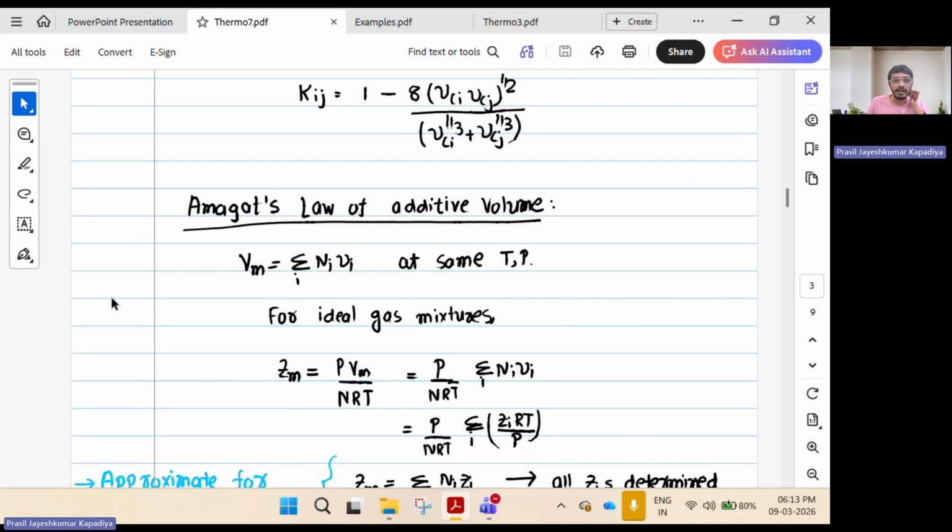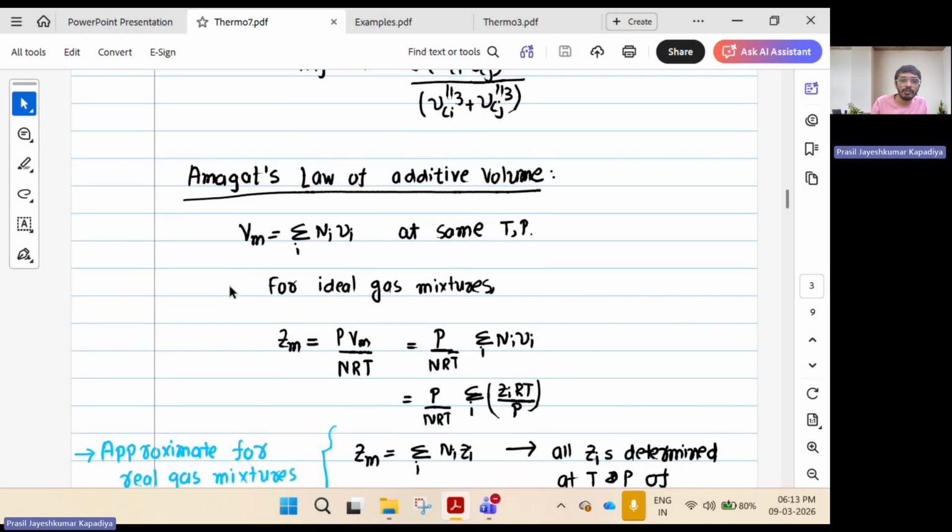It assumes that you can just add the volumes based on the number of moles. So it is the summation over i of Ni Vi, where Ni is the moles and Vi is the molar volume. If you know the molar volume and the moles, you just multiply and then add, and that will give you the mixture volume.